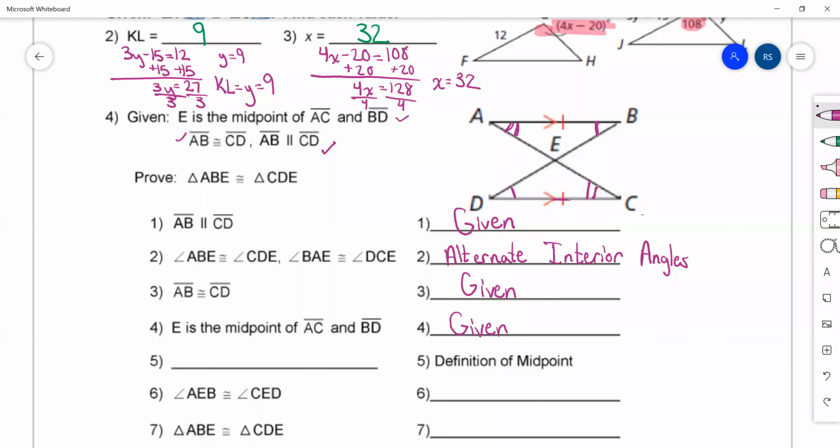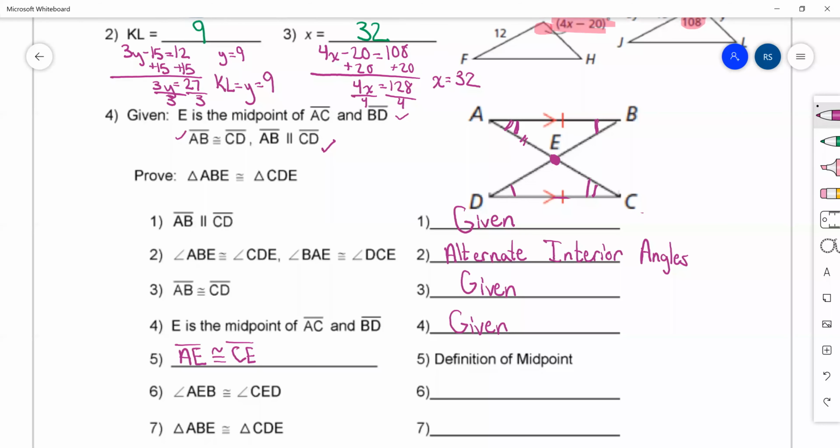Oh, let's go back to the last one. It says E is exactly in the middle here. So what's that mean about AE? AE is congruent to CE.